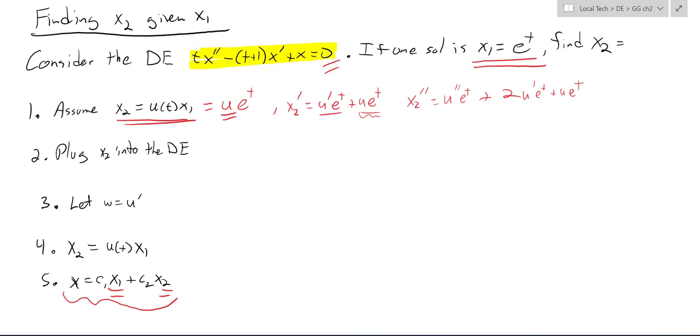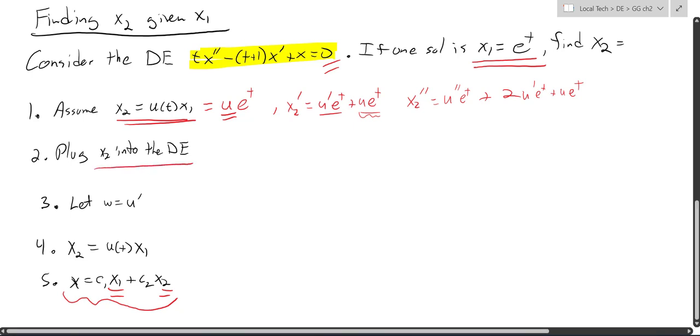Our next step is to plug all these values into our differential equation. My differential equation up here says take t times x2 double prime. That's t times u double prime e to the t plus 2t u prime e to the t plus t times u e to the t.